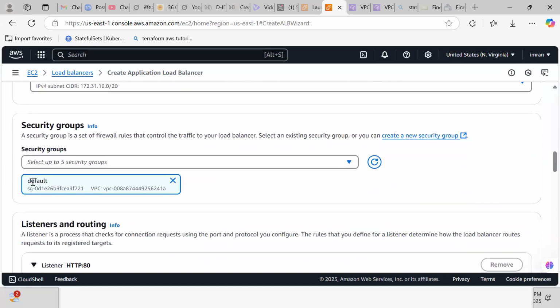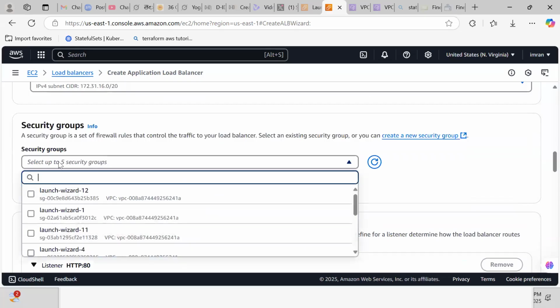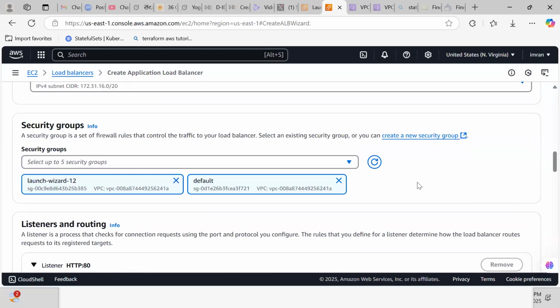And by default, this default security group is not a best practice. Okay, so choose a recent one. In the recent one, we'll confirm whether we have given port 80 also. With this default, we are not getting that 80.